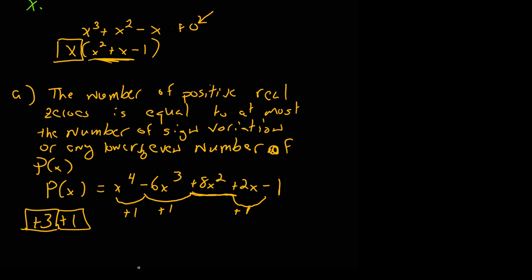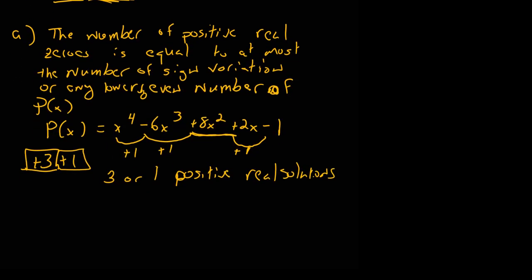And so Descartes' rule of signs says this answer is going to have 3 or 1 positive real solution. All right, so I can figure out if the number's positive. Well, I guess I'm going to need to test to find out if it's negative, right?